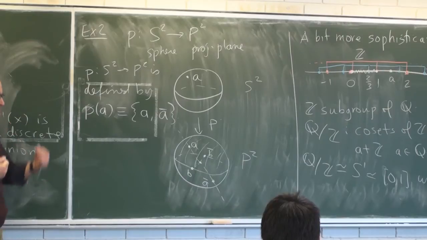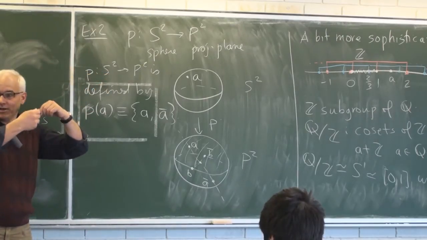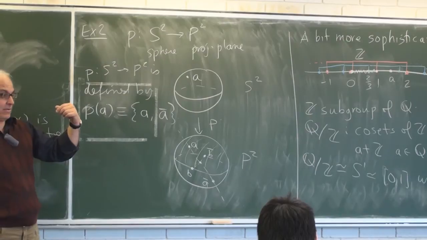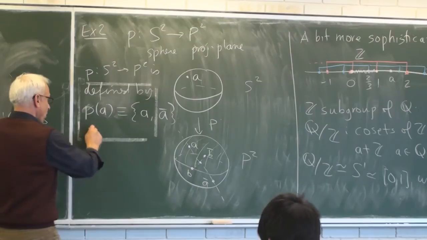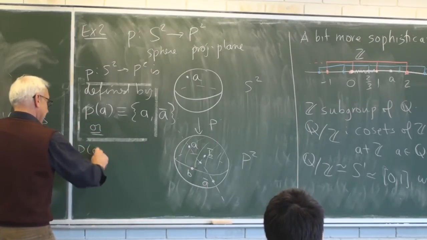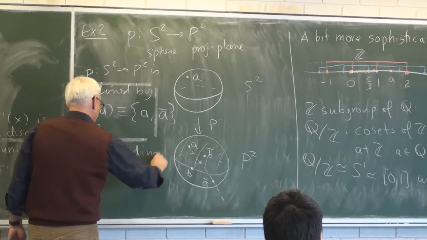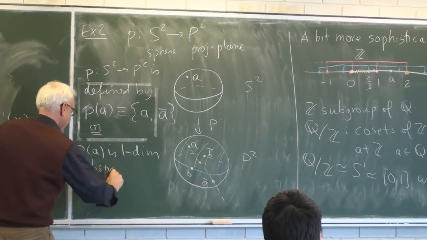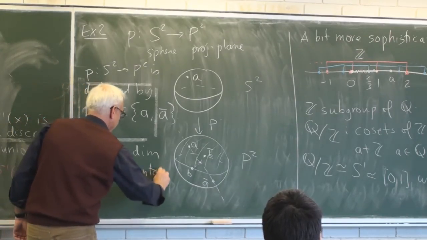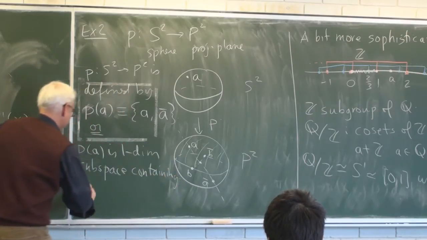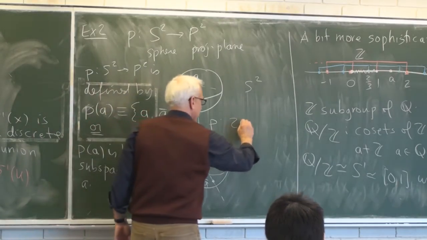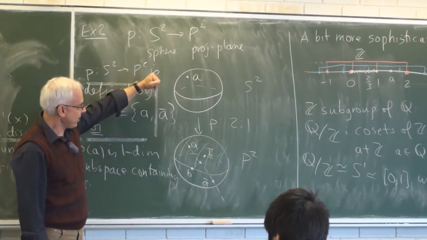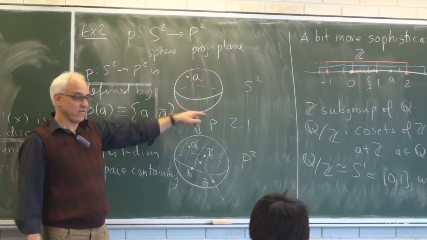In other words, we just associate to a point in the sphere the line in which it's contained, or the one-dimensional subspace in which it's contained. That's another way of thinking about it. Or we can think of P of A as the one-dimensional subspace containing A. Now this is going to be a 2-to-1 map, because the image of A is going to be equal to the image of A bar.